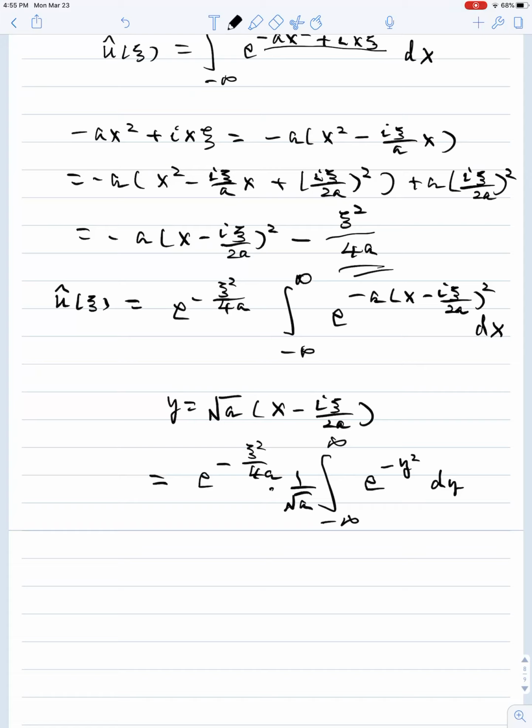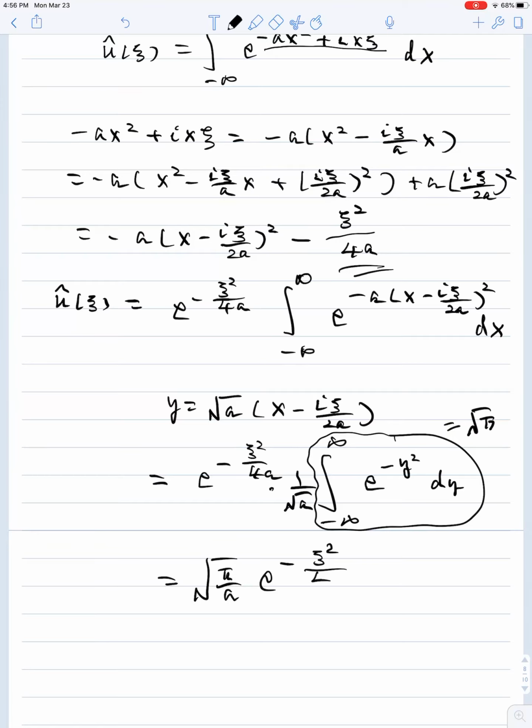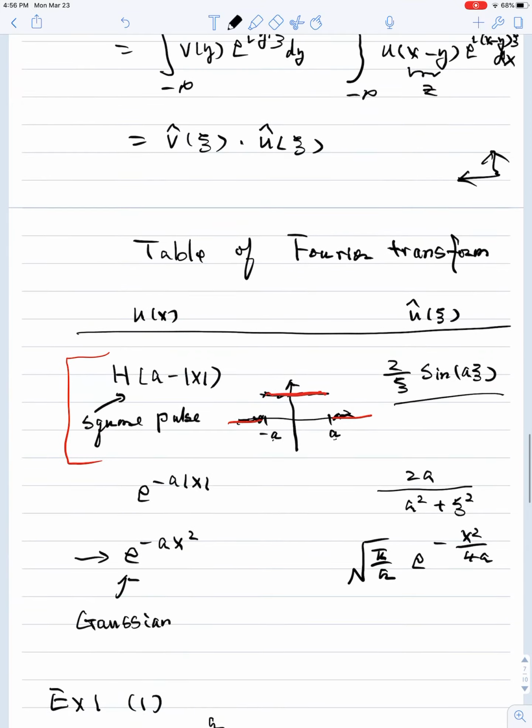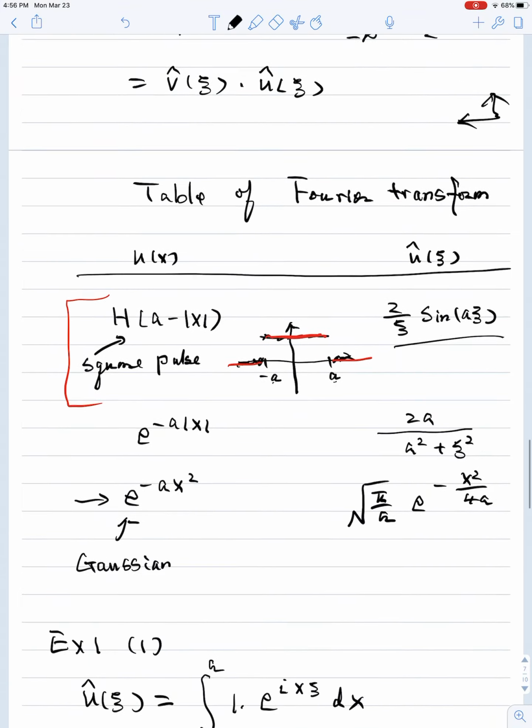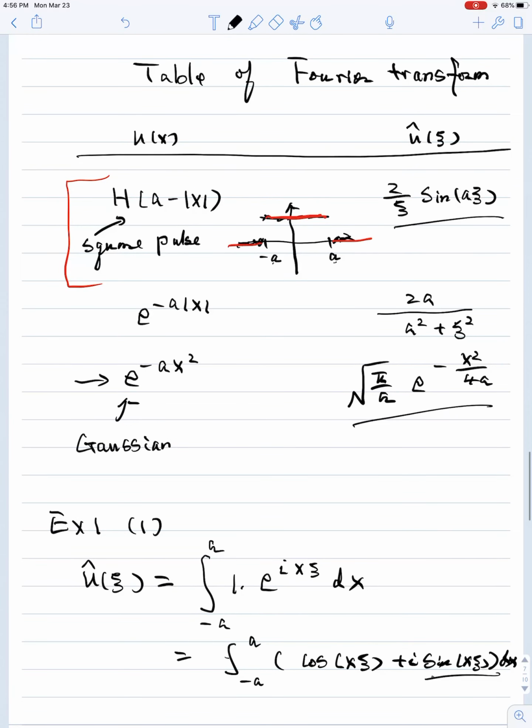Now this integral we know equals the square root of pi. So at the end, we have the square root of pi over a, times e to the negative xi squared over 4a. If you go back to look at the formula that we had before, that is exactly the formula we have over here in the table.